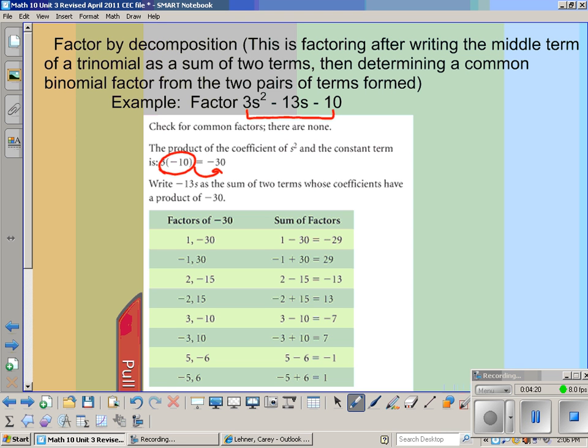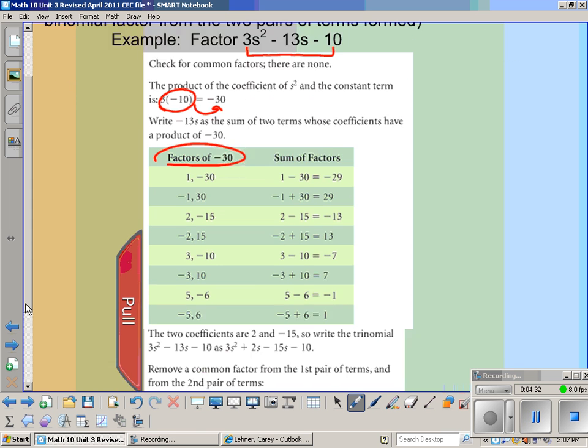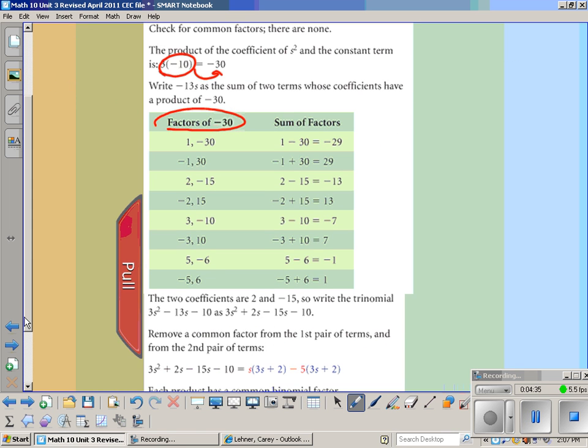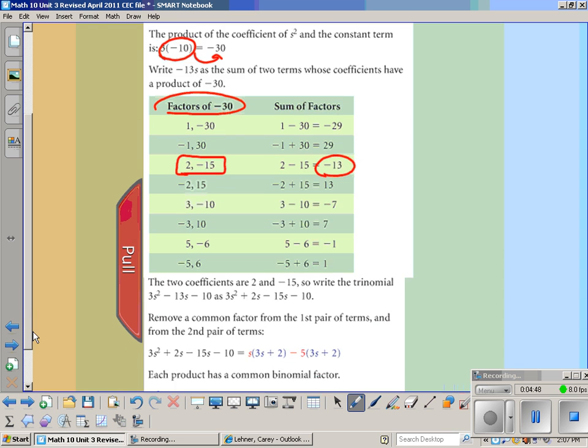So what we need to do is find two numbers that multiply to negative 30. So we're going to have our list. Negative 13 is the sum of the two terms whose product is negative 30. So what we are looking for is factors of 30 that will have a sum of negative 13. So once we find these, it was 2 and negative 15.